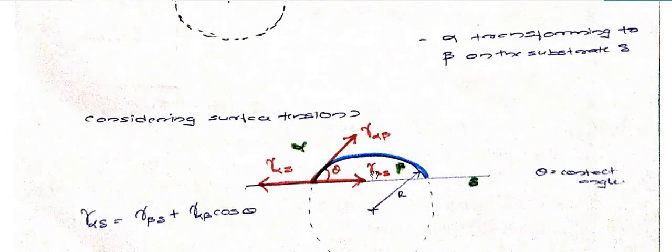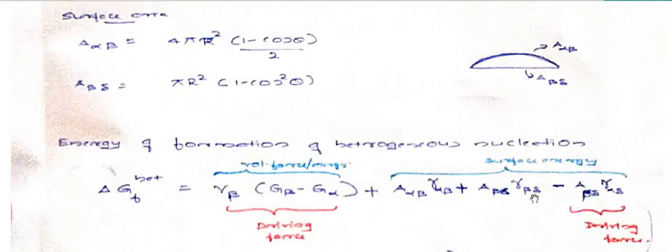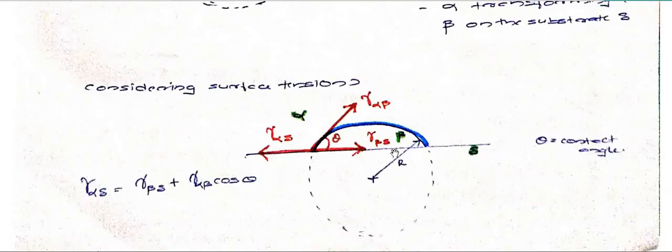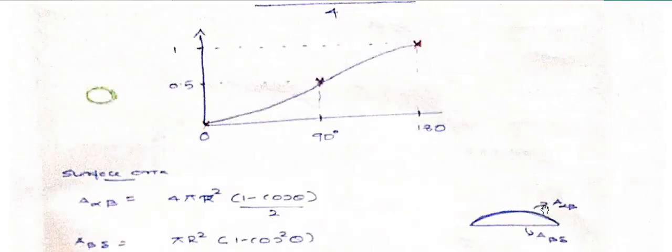That is the first interaction, the first energy. The second energy will be A beta delta into gamma beta delta, minus the third one.